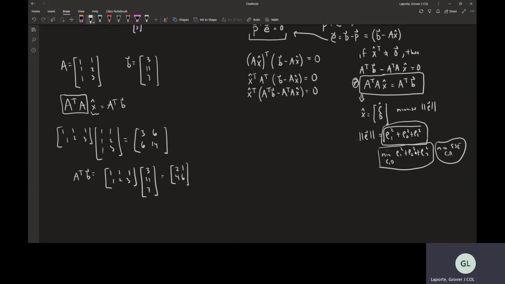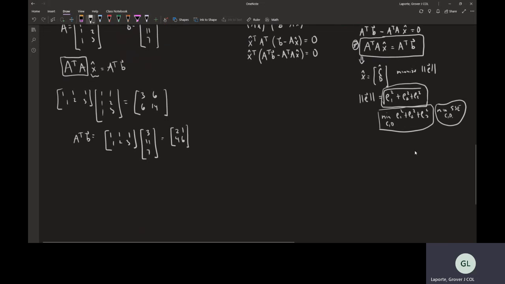Hopefully these come out to the right answer, because I think I made it so that we can solve this relatively easily. And so remember, the thing that we're trying to solve turns into, by these two calculations, 3, 6, 6, 14, times C and D, we'll call them hats, equals 21, 46.